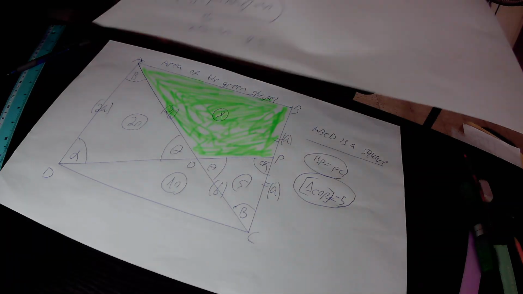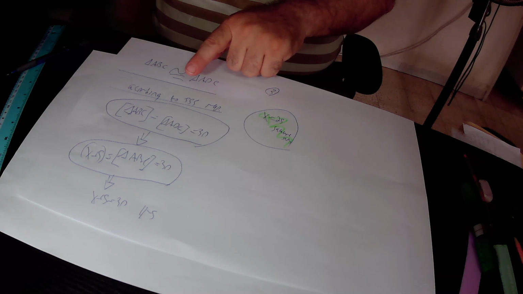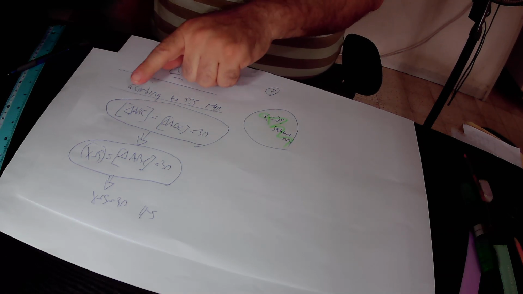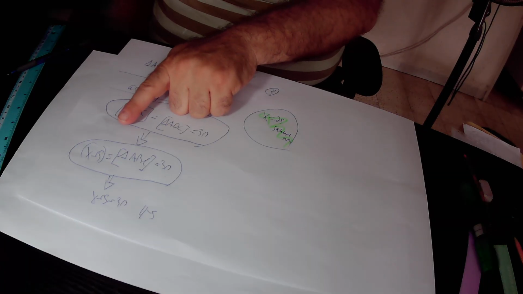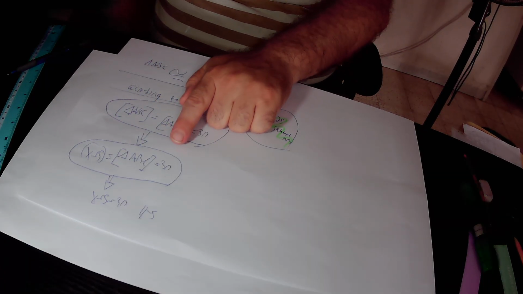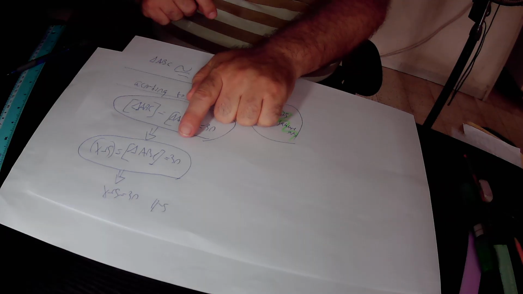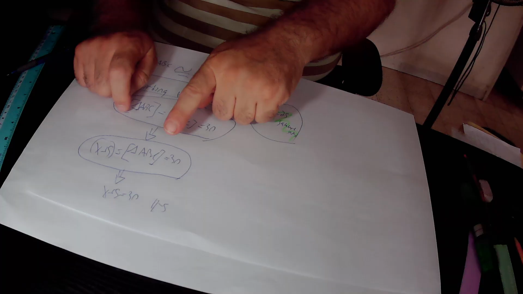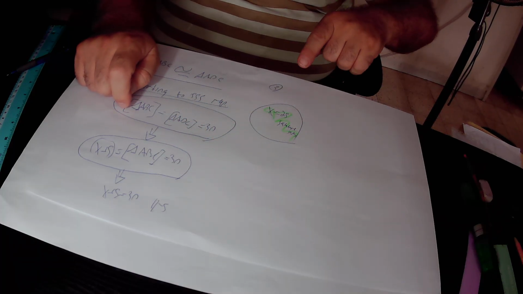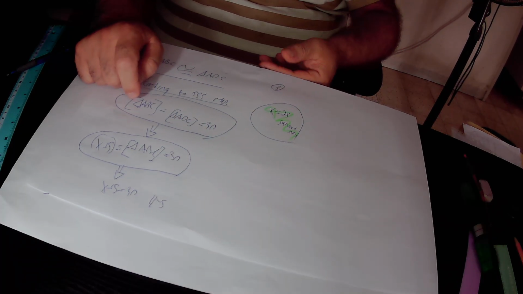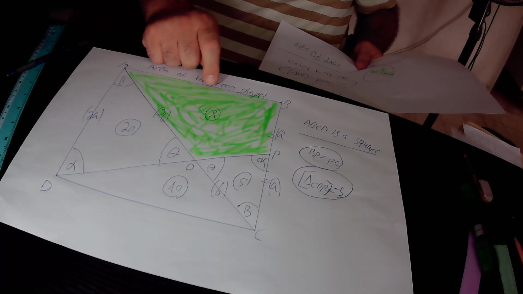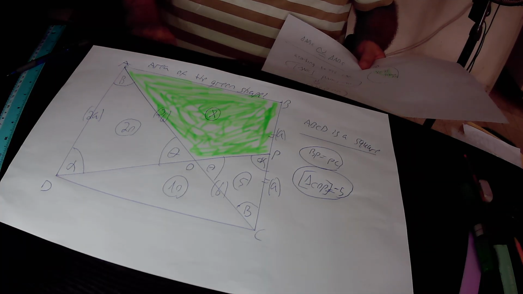From this equation, x plus 5 equals 30 square units. So we subtract 5 from this equation and find that x equals 25 square units. That is to say, the area of this green shape is equal to 25 square units. Okay, thank you very much.